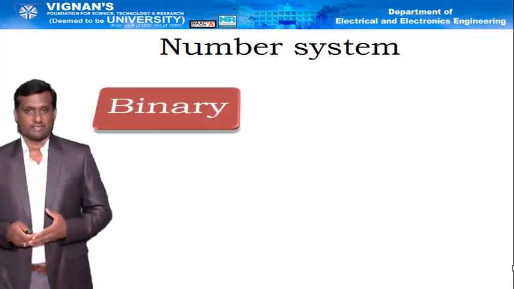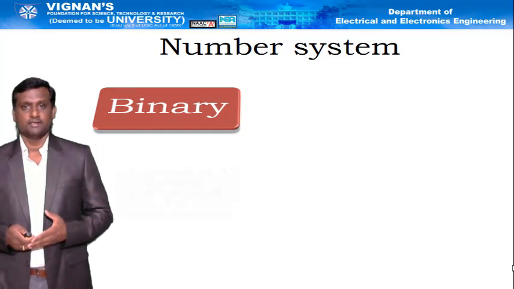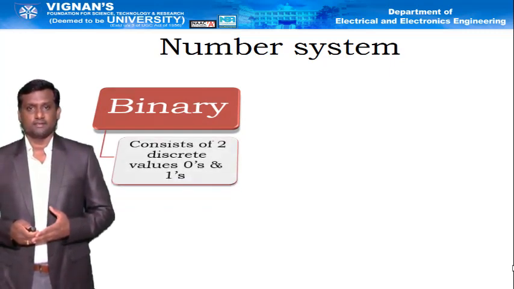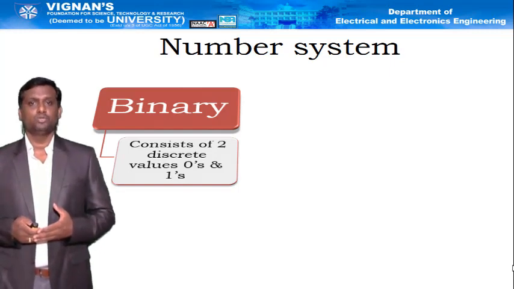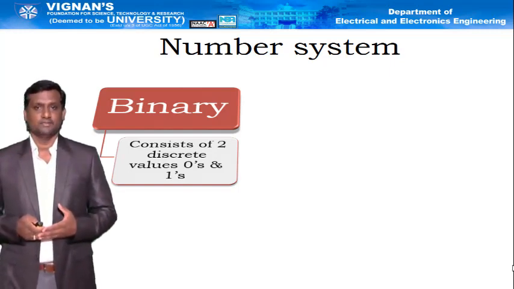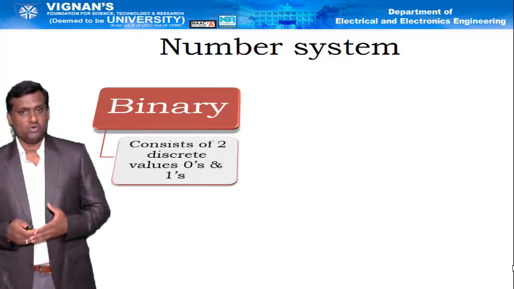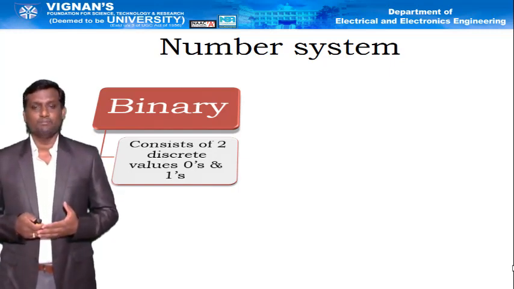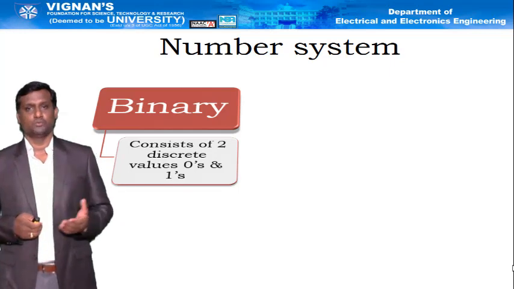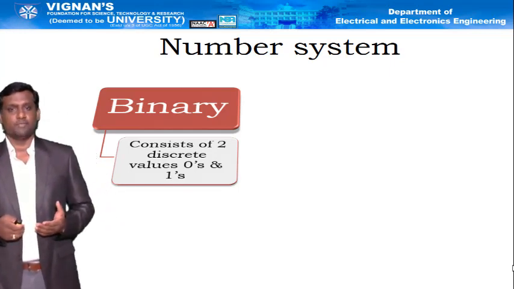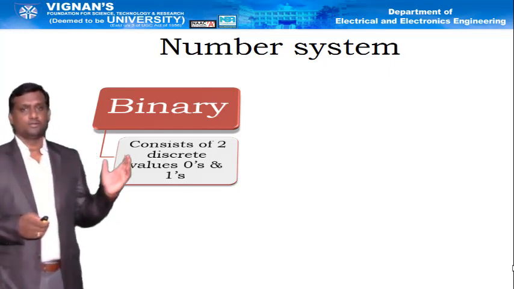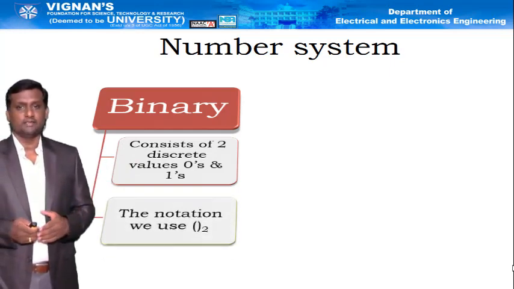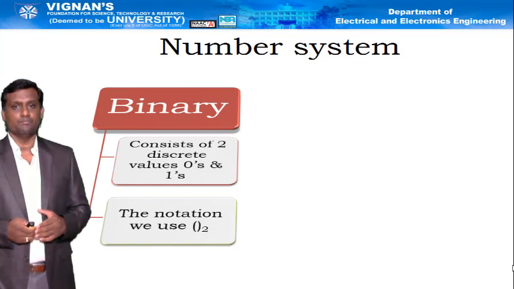First, the binary number system. It consists of 2 discrete values, either 0 or 1. That's why its base is 2. So usually we represent it with base 2.